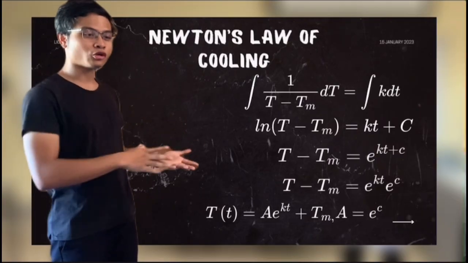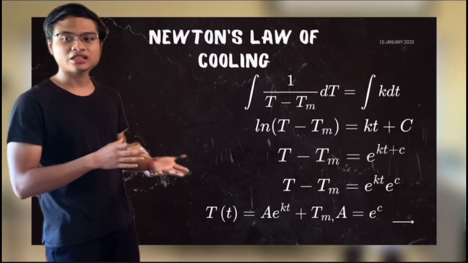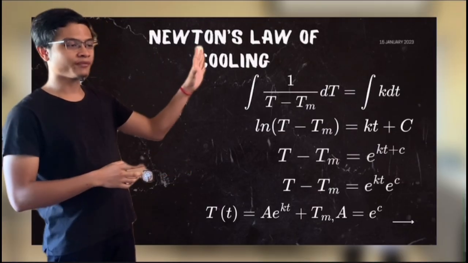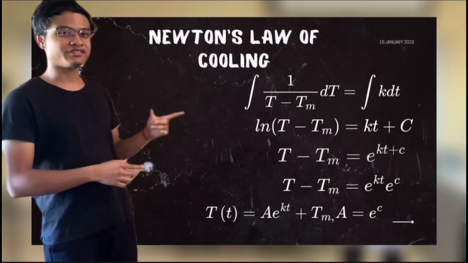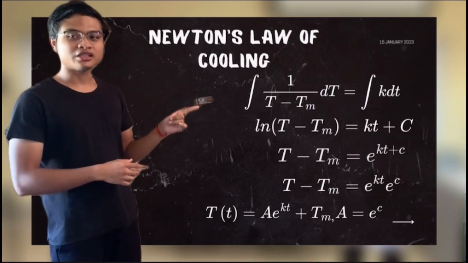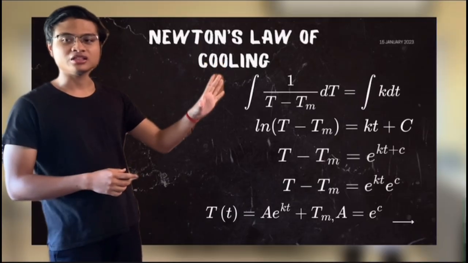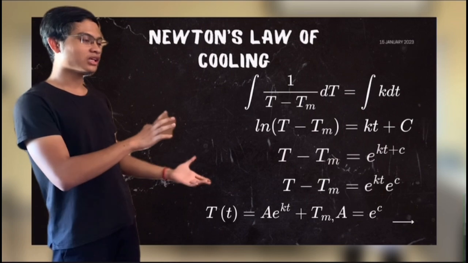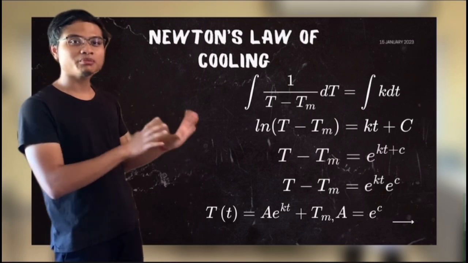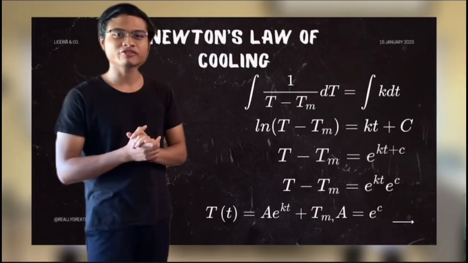From this model itself, we can integrate both sides: the integral of 1 over (T minus Tm) dt equals the integral of k dt. By doing the calculations here, we'll get the general equation that will be used later in the video. Anyways, that's all for me. Thank you very much. Please enjoy the video.